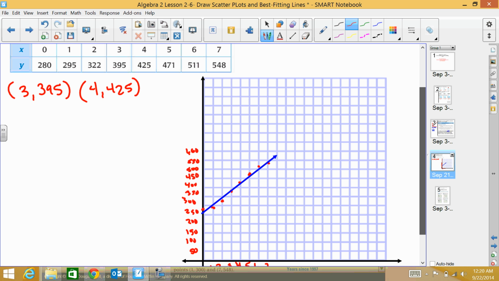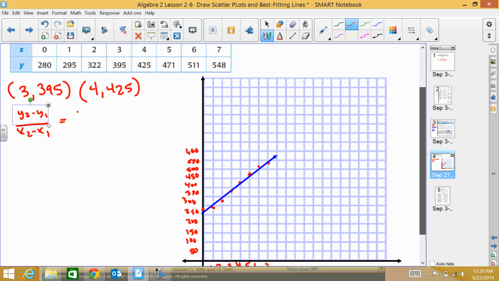Now, in order to write the equation of my best fitting line, I have to use these 2 points to find something. What am I going to find? Well, from 2 points, the only thing I know how to get is the slope. So I'm going to use my formula, y2 minus y1 over x2 minus x1, to get the slope.